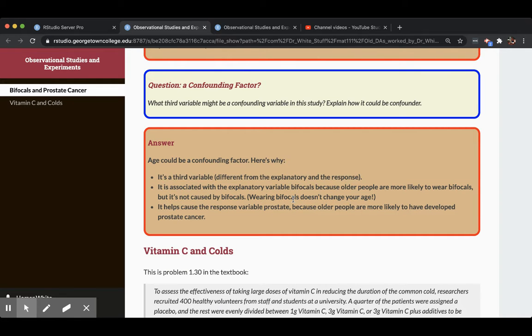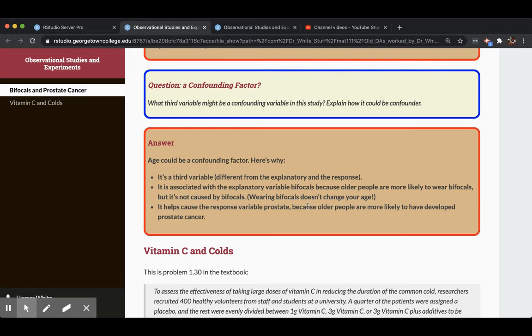Well, I need to get specific about why it is. Well, bifocals, older people are just more likely to wear bifocals. The older you get, the worse your vision gets, so the more likely you are to wear glasses and thus to wear bifocals.